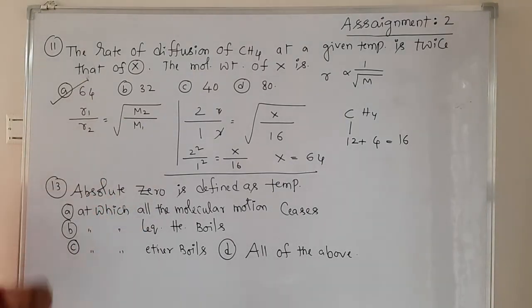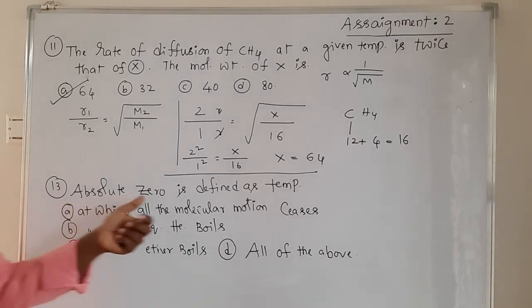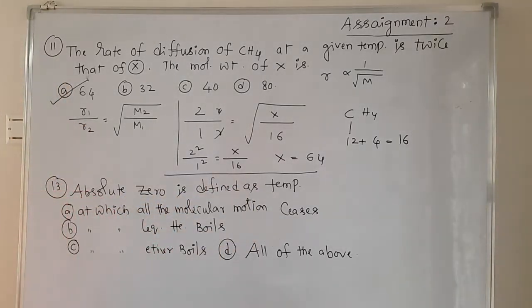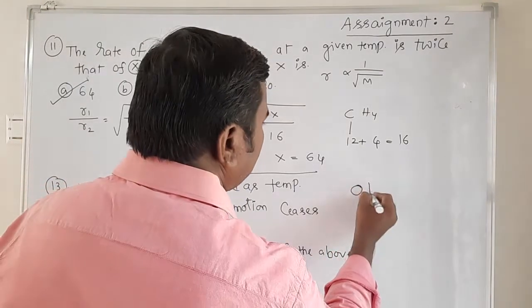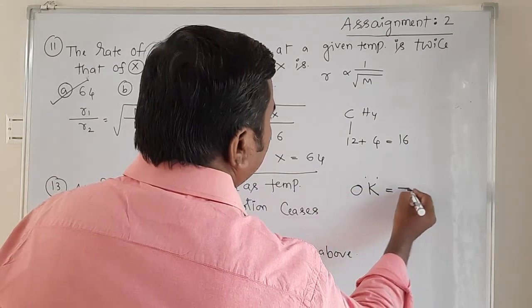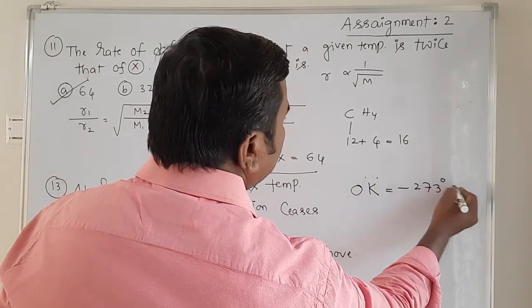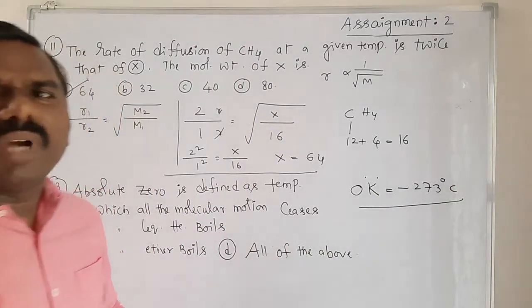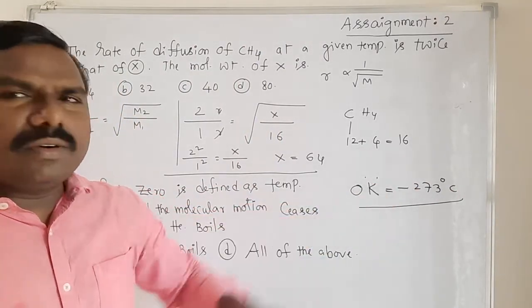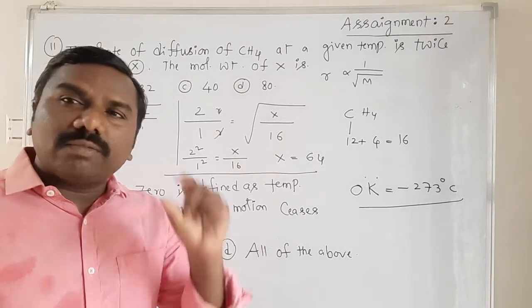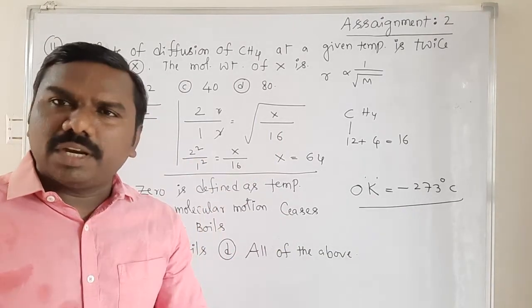Next, bit number 13. Absolute zero is defined as the temperature 0 Kelvin. 0 Kelvin is nothing but minus 273 degrees Celsius. Very, very important. At 0 degrees Celsius only water will be frozen and becomes a solid.